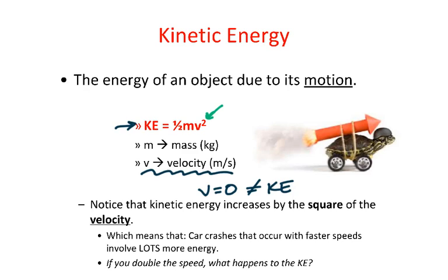So more speed equals a whole lot more energy, and that's because of the V squared part, right? So if V is 2 times, that's 2 squared. Or if you've tripled your speed, that's 9 times more energy.